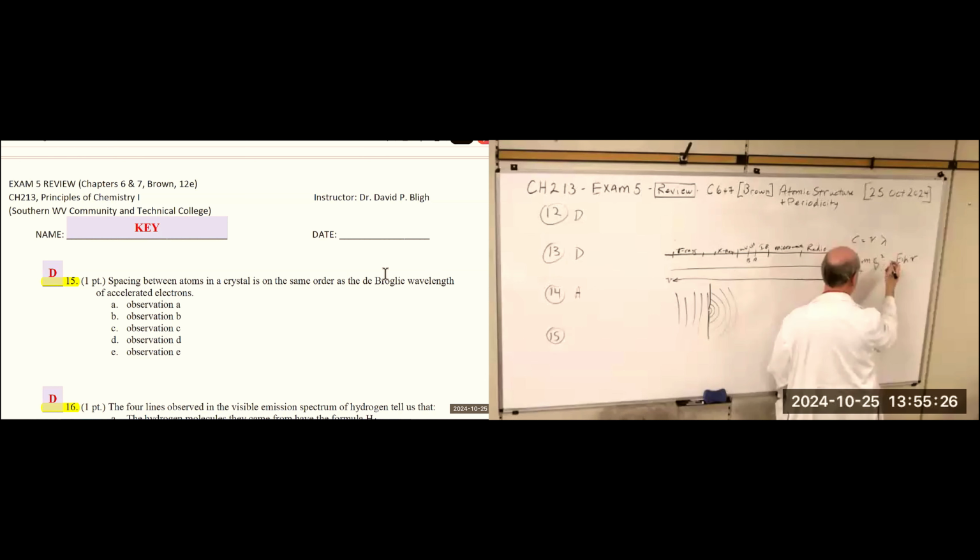So if these two are equal, that means mass times velocity squared equals Planck's constant times frequency. And if we solve it for frequency, like that, then we have mass, v squared over Planck's constant.